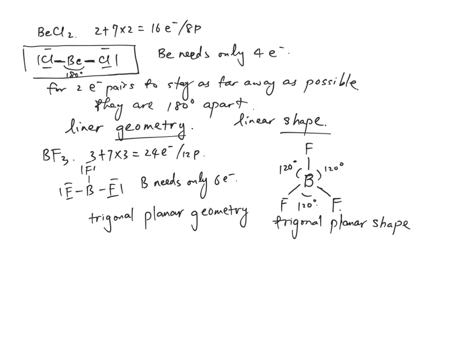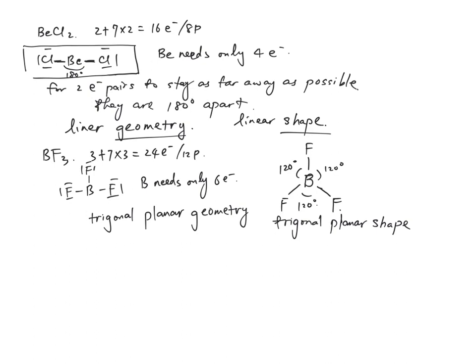And you see me going again with the idea of geometry and the idea of a shape. For both of the 2 molecules in the examples we had so far, you can see that their shape and their geometry use the same description.